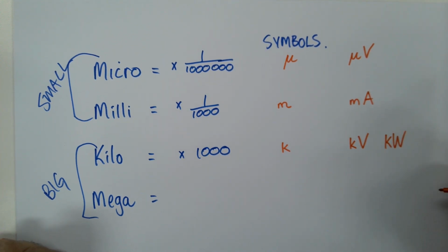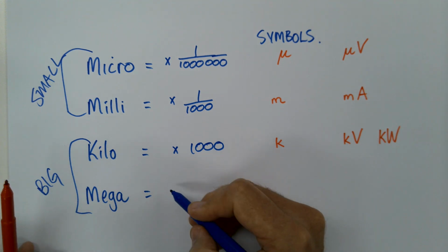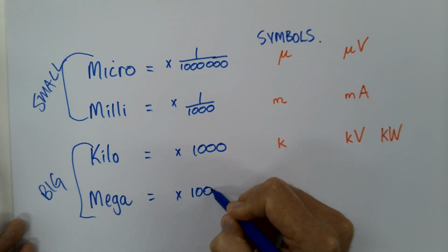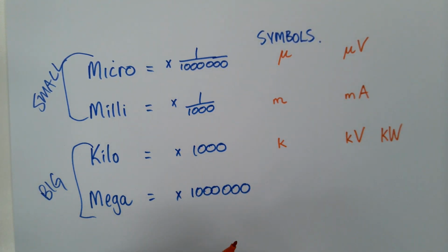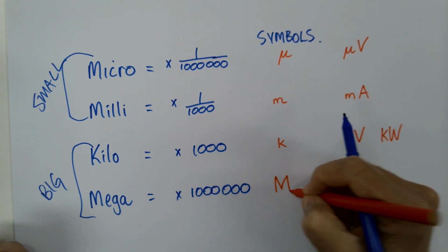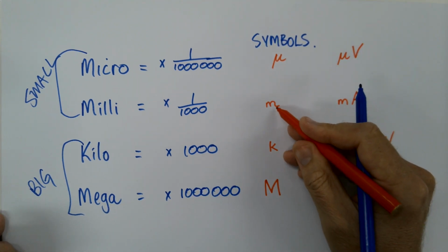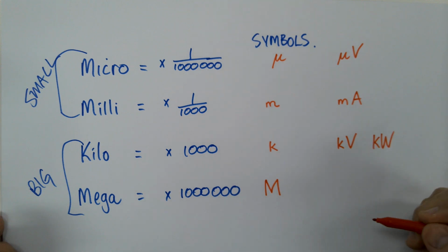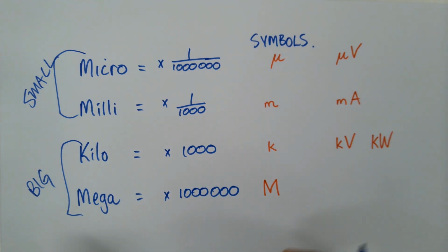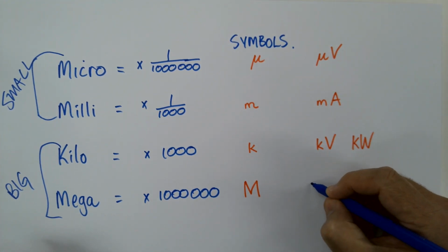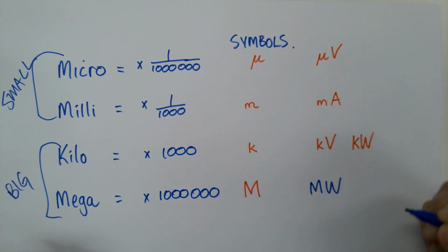Mega, you might have seen the pattern here, is times by 1,000,000. Its symbol is a capital M, not lowercase, so you don't get those 2 mixed up for obvious reasons. So we might have megawatts there.